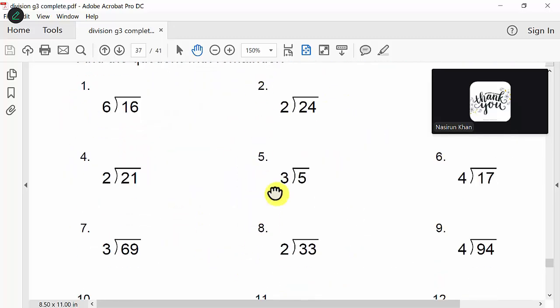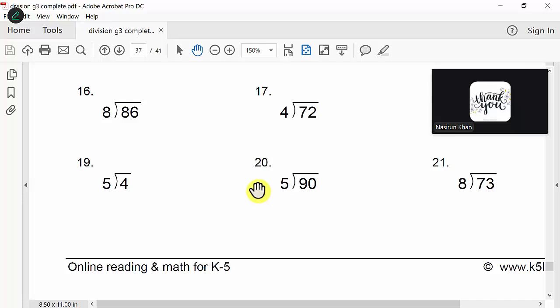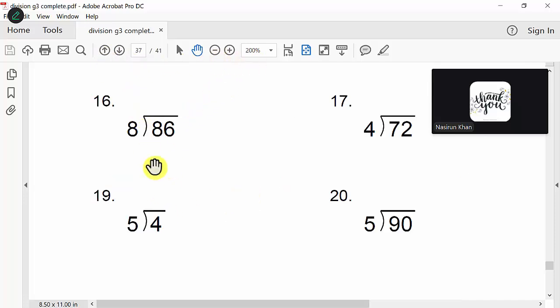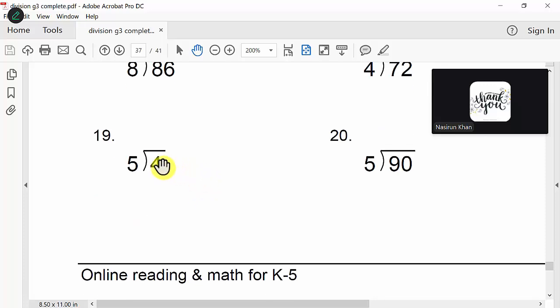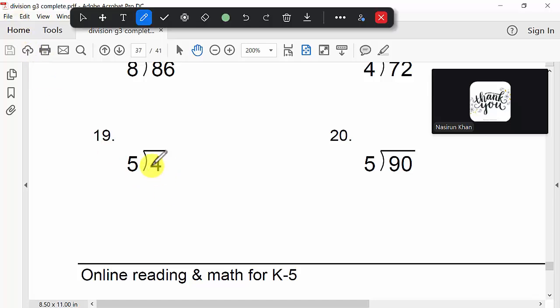So let's do number 19. Make it a bit bigger. Okay, this size. 4 divided by 5, because 4 is smaller than 5. How to do this one? We can use decimal. If we use decimal, we write 0 point and then we add 0 over here.